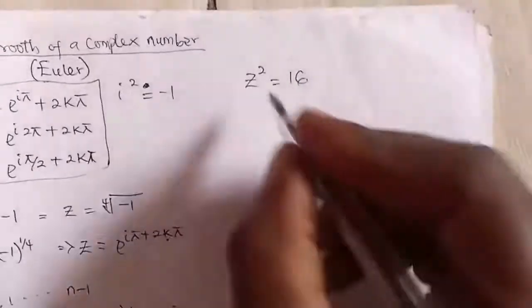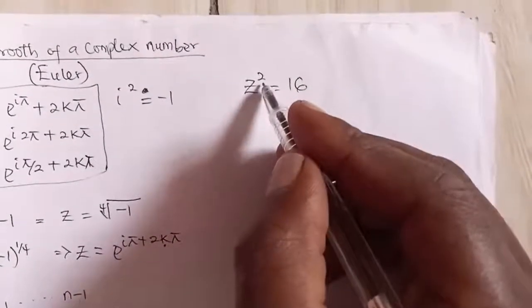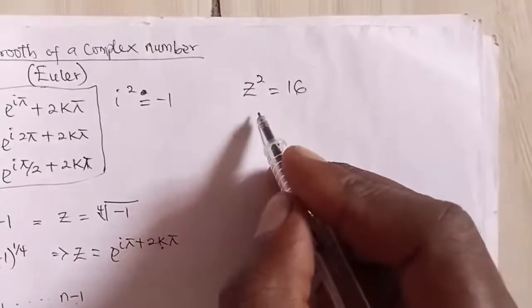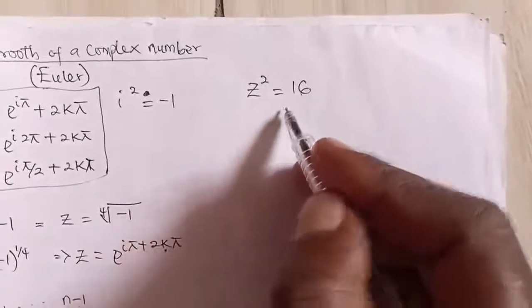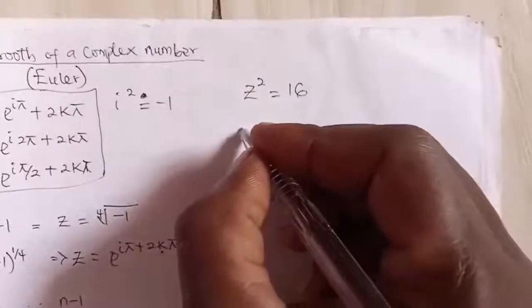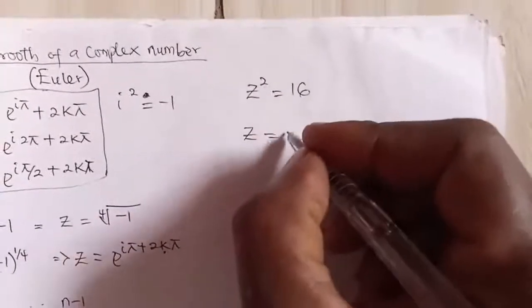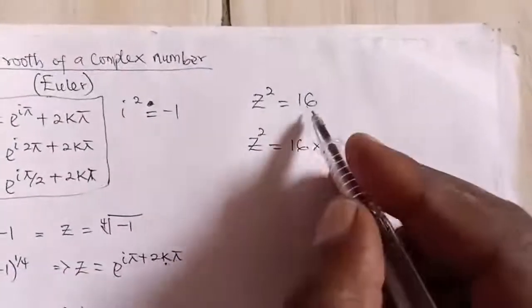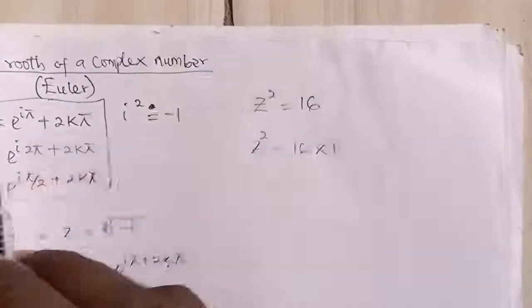Here, remember our k is n minus 1, so 2 minus 1 is 1. So for here, k is just going to have 2 values, 0 and 1. So we can reduce this and say z is equal to 16 times 1, because we don't know what 16 is, but we know the value for 1.